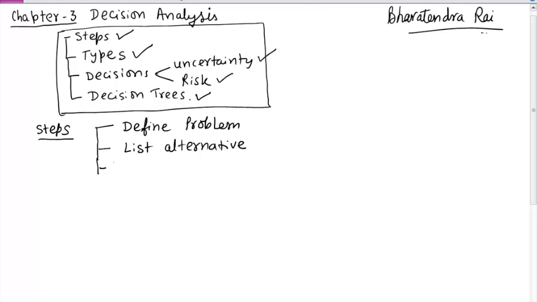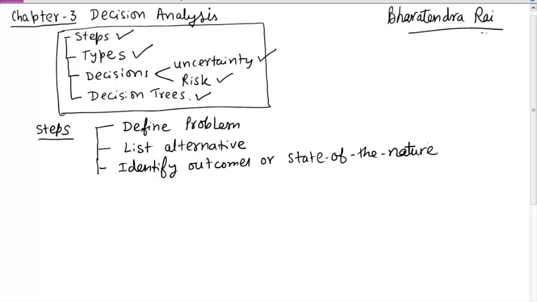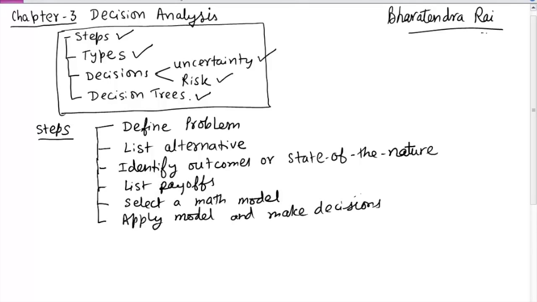Once the alternatives are listed, we also identify various outcomes, and then we list down what will be the payoffs depending on what alternative we choose or what state of nature exists. The next step is to select a math model, and then we apply that model and make decisions. So these are some of the generic steps involved.